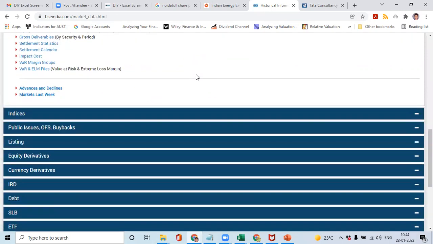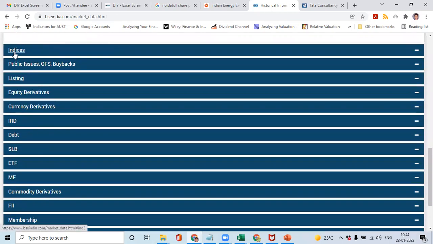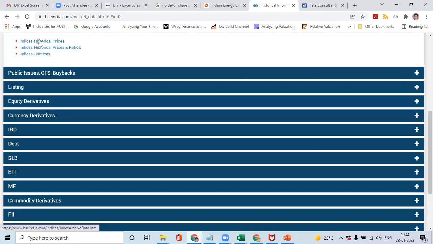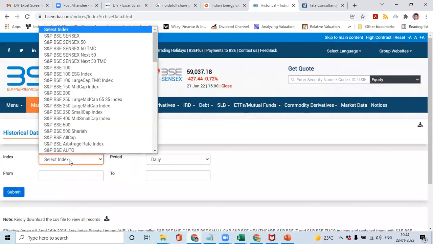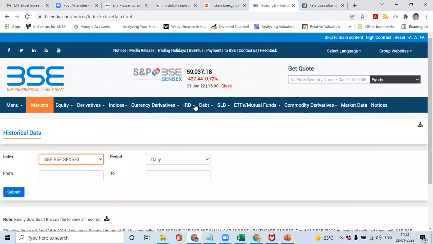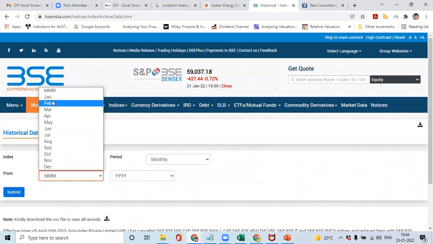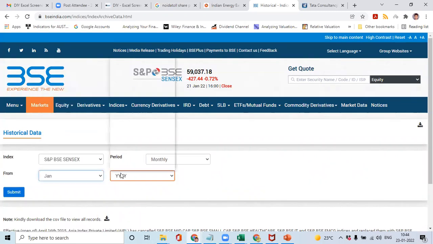Indices. Where are the indices? Okay, here. I want BSE Sensex because that's my benchmark in this case, and monthly. And I want it from January 2010.